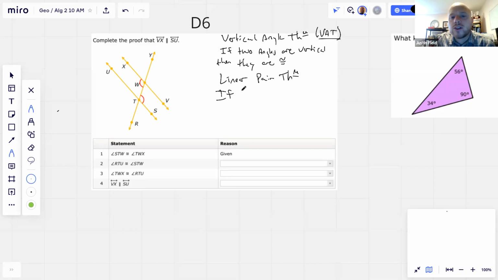If two angles form a linear pair, then they are supplementary, and you should know we write sups in my class. All right, so linear pair theorem, LPT, LPP, yeah, you know me.